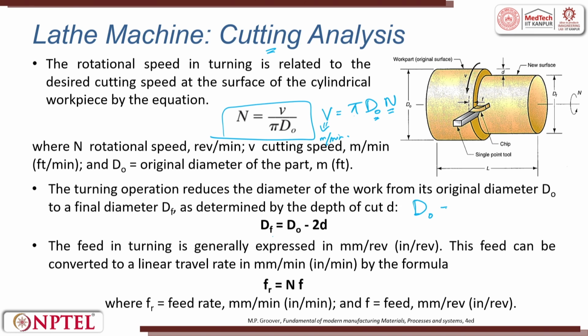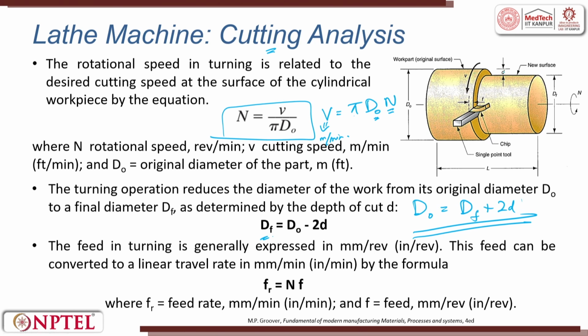D naught is equal to df plus 2d. D naught is the original diameter, which is equal to the final diameter df plus 2 times the depth of cut.